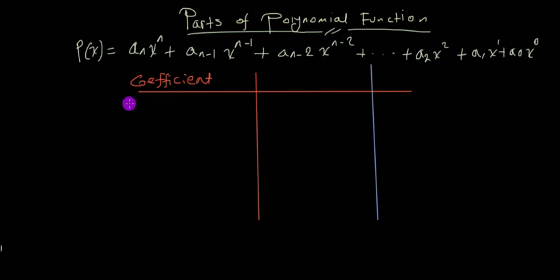In this case, the coefficients are a_(n-1), a_(n-2), a_(n-3), and so on, and finally a_1 and a_0.